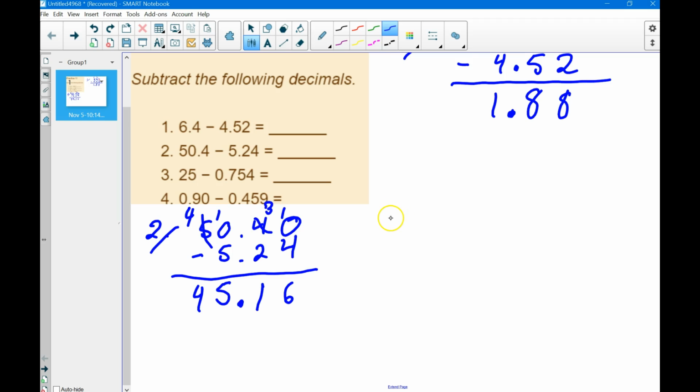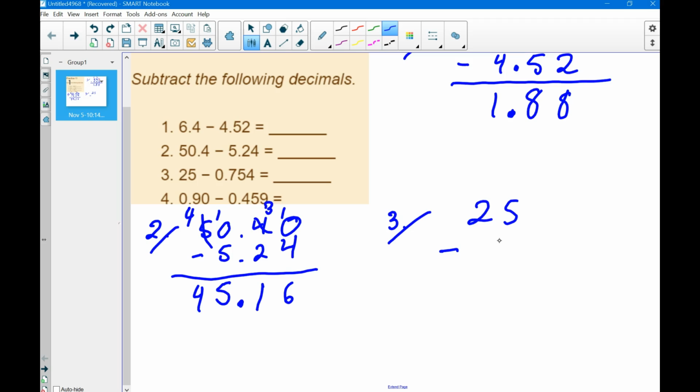Number 3, I'm doing these because they're kind of odd looking questions. So we had 25 minus, now this is a mess. This is interesting, like there's no decimal here.